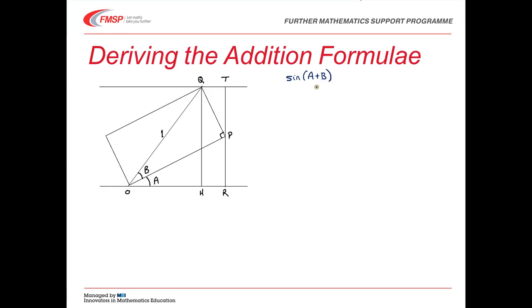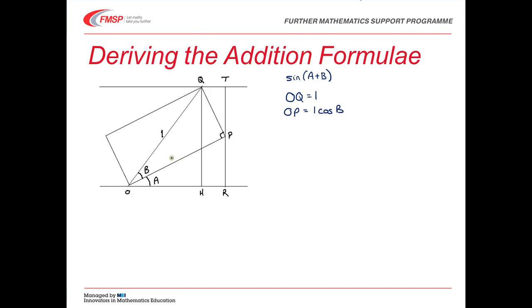Look at triangle OPQ. You'll see that OQ is marked with length 1, and that means that OP is equal to 1 cos B. Now look at triangle OPR.